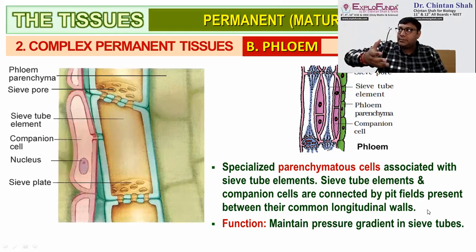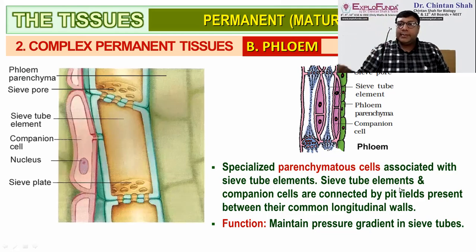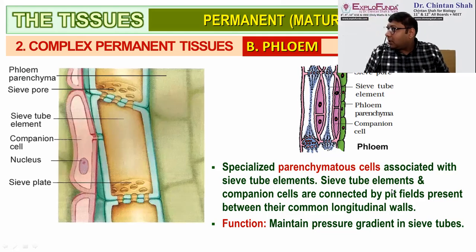They are creating more pressure towards the lower side so that water will move upward, against the gravitational pull. That's why we have to use electricity to create such a pressure. Getting it? Okay.